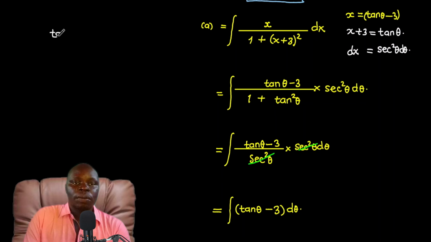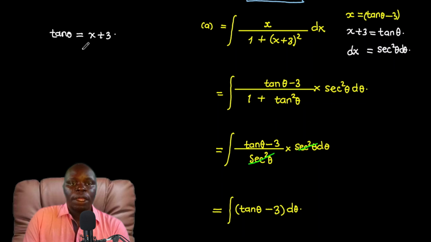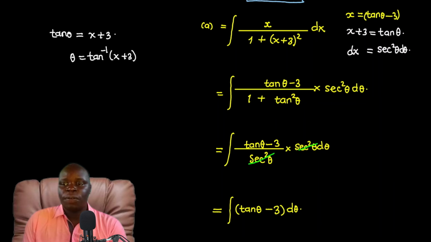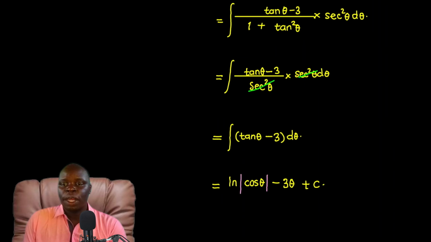Tan of theta is given by x plus 3. Now to get our theta, we can get tan inverse of x plus 3, and that takes care of what we have here.